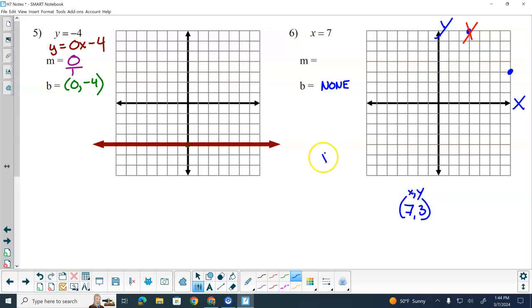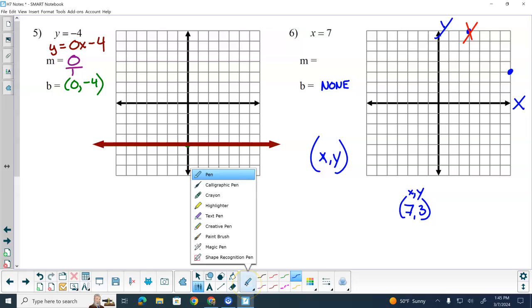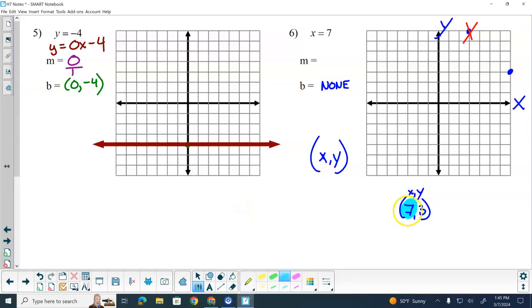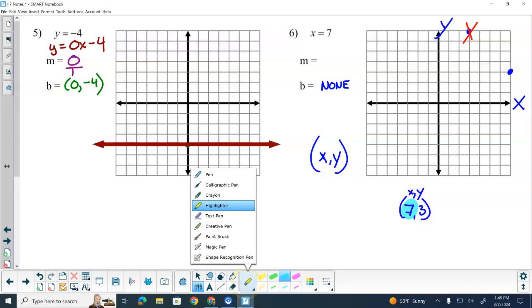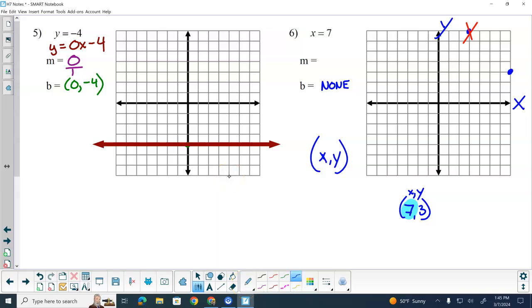Because x isn't equal to 7. What's the pattern? What's my x got to be? X has to be 7. X has to be 7.